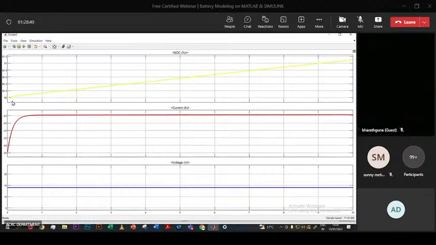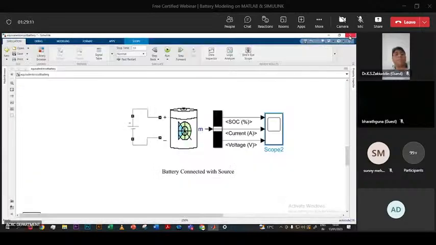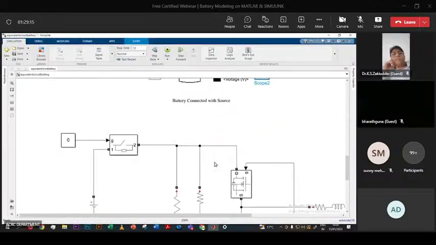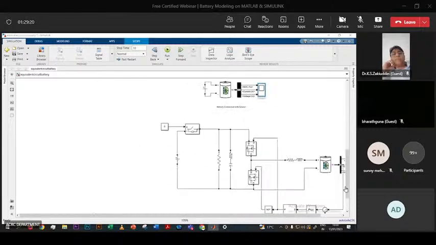When I kept it at 50% and connected the voltage source, it starts increasing, and its current is in the negative direction, which represents that the current is flowing inside the battery, so the battery is being charged. We can also see a change in voltage. So I hope you are clear. This is my charging and discharging model.